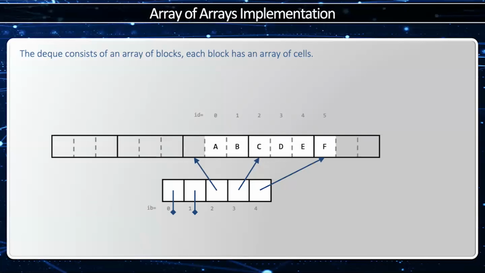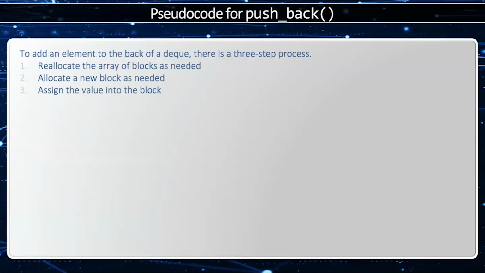Then my block indices 0, 1, 2, 3, 4, and my cell indices 0, 1, 2, 0, 1, 2, 0, 1, 2, 0, 1, 2. And then my array indices are 0, 1, 2, 3, all the way to 14. Notice that Deque index 0 is array index 7. So I'm going to say IA front, the array index of the front element of the Deque, is 7. We're going to have to remember that for later.